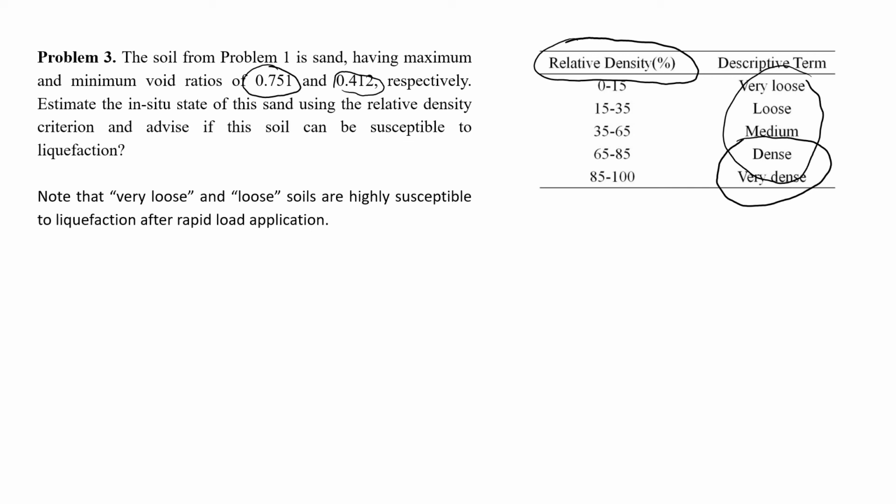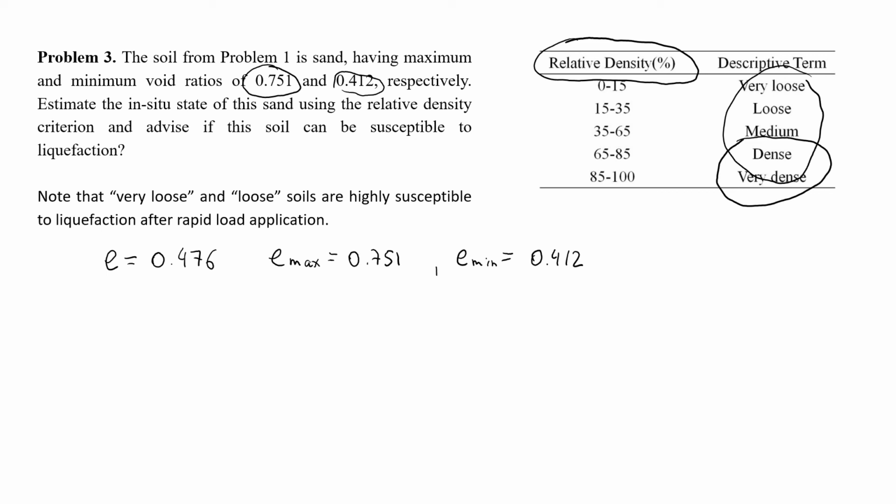So we're going to use the value from problem number 1, where we found that the void ratio is equal to 0.476, and we know that the maximum void ratio we can get from this soil is 0.751 when it's in its loose state, and when it's in its dense state we get the minimum void ratio, which is 0.412.